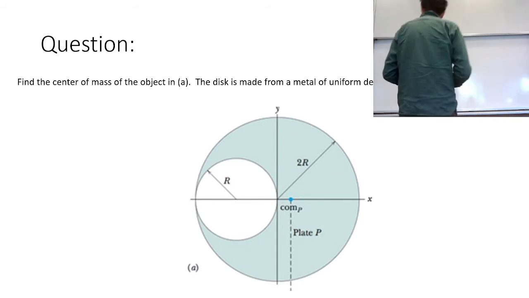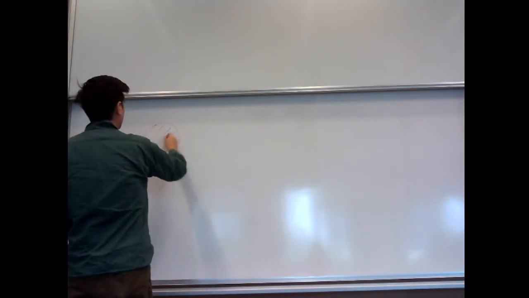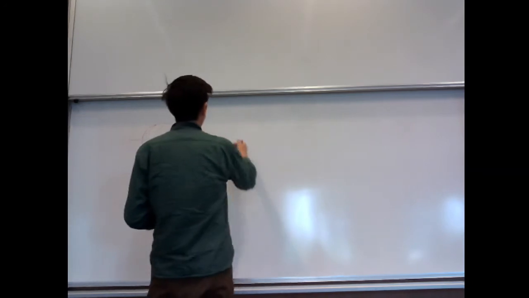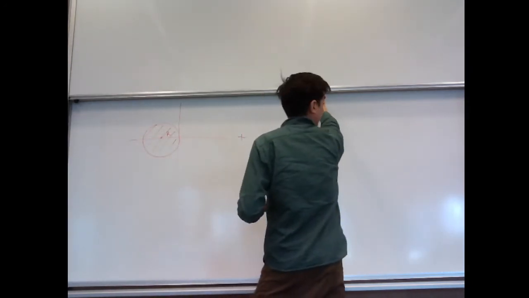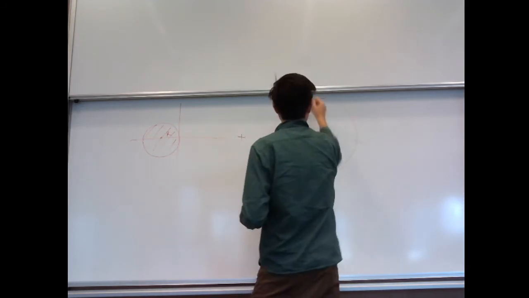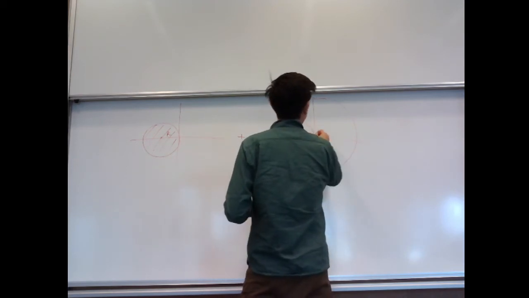I think what we did last time was to say that if you have a smaller circle with radius r, and this larger circle, this is r, this is 2r.